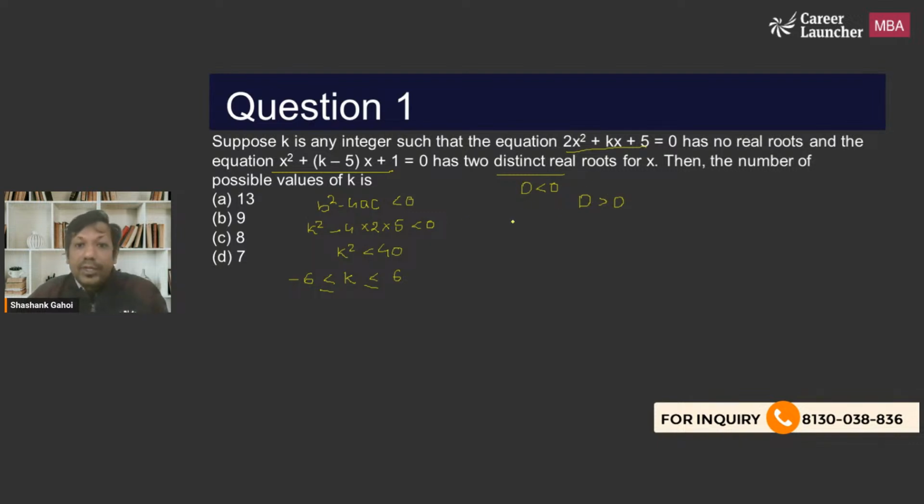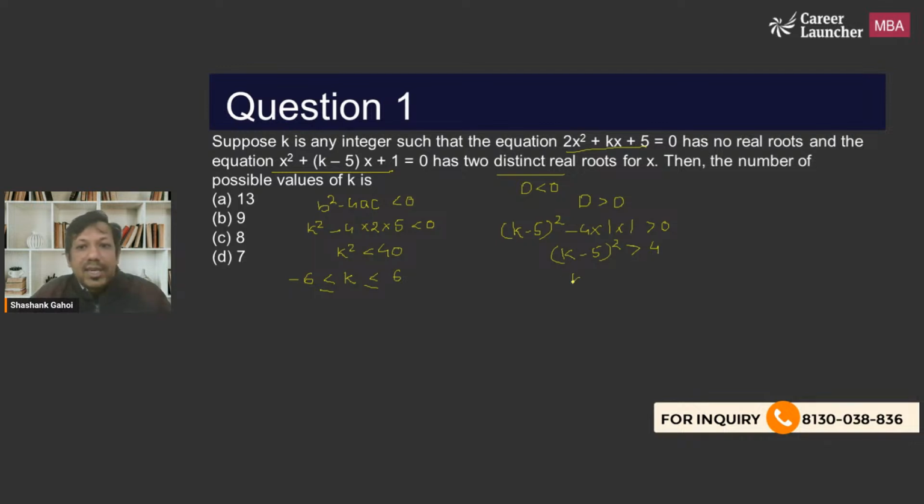So B square, what is B square? That is k minus 5 whole square, right? Minus 4, A is 1, C is 1, and that's greater than 0, right? So from here, I can say that k minus 5 whole square should be greater than 4.